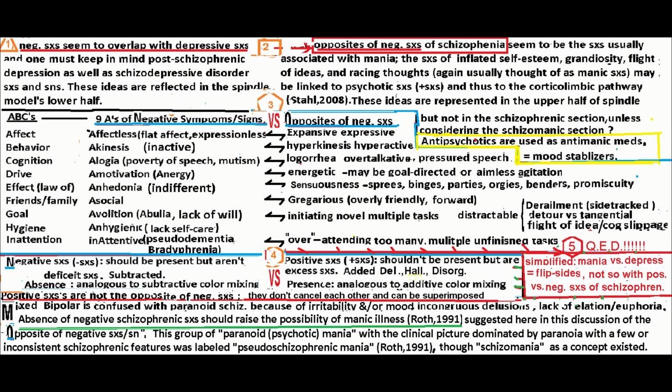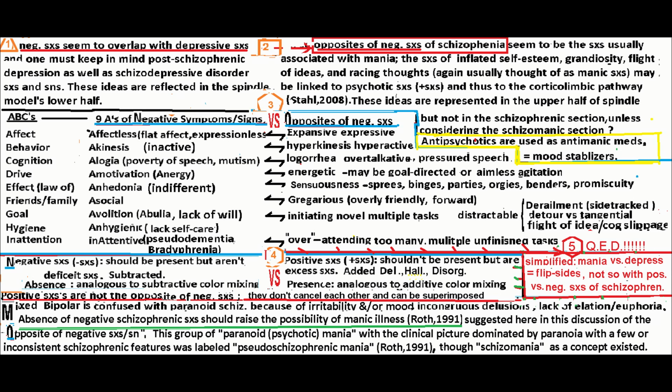But what's interesting is if you take the opposite of these symptoms, basically the opposite of these negative symptoms of schizophrenia, which look so much like the symptoms of depression, they actually look more like mania. And so there seems to be a common final pathway for these symptoms. Actually, it's been postulated that the manic symptoms and the positive symptoms in these disorders probably have to do with cortical limbic pathways.